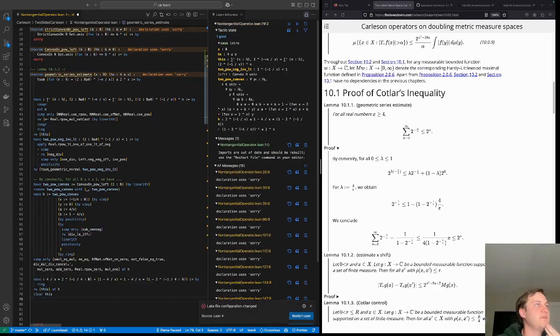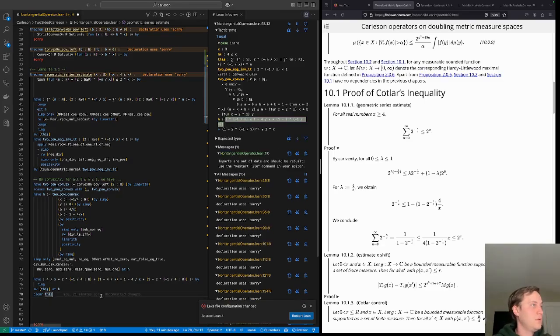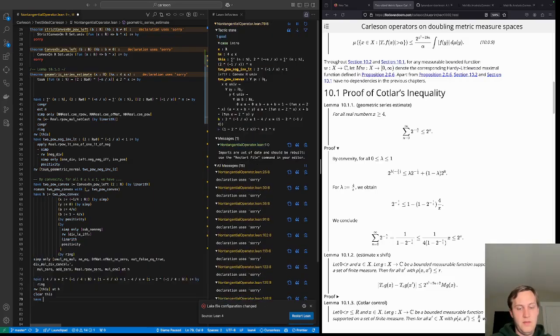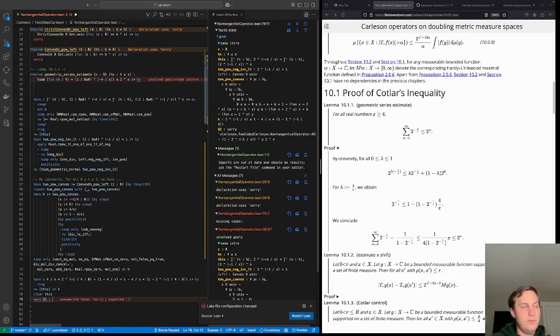Okay, so now we have that in that form. Can linear combination prove inequalities? I think maybe it can't. But the next thing we want to do is change this so that it's 1 minus this. So copy this, have H2.